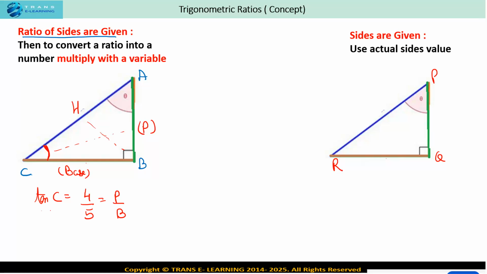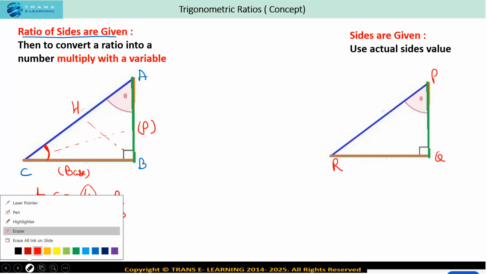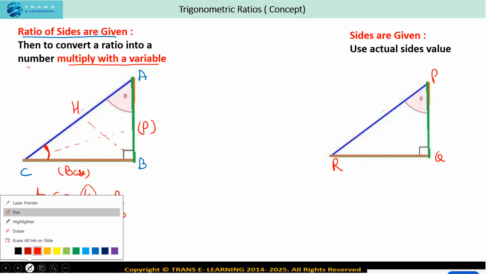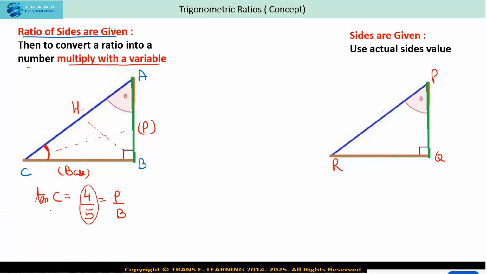Now in this case the ratio of the sides are given, so you cannot write 4 and you cannot write 5. This will be wrong, because these sides are in the simplest whole number ratio. To convert a ratio into a number, you have to multiply with the variable. We know that tan C is equal to perpendicular upon base.